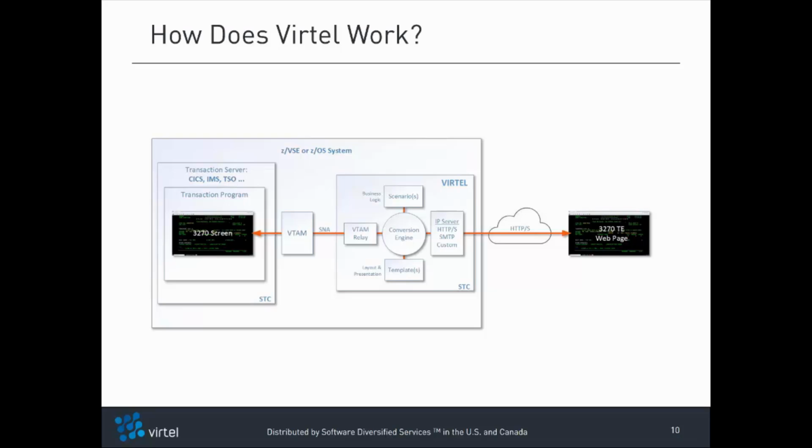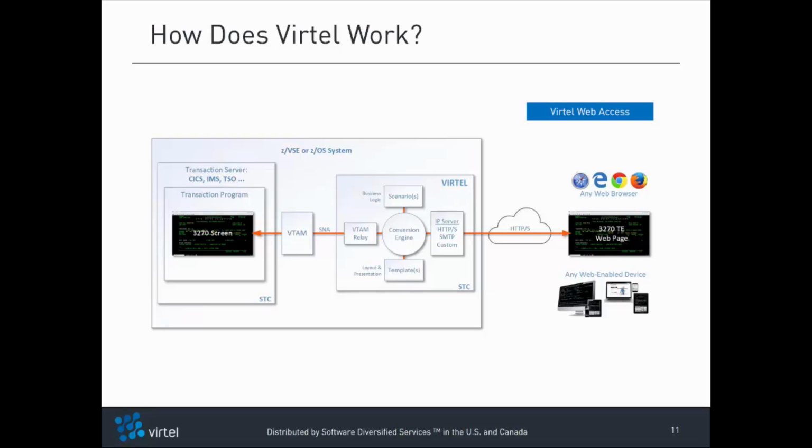Those components guide the conversion of 3270 screens into standard HTML5 JavaScript web pages, which, despite being web pages, look and behave exactly as 3270 screens. Those web pages can be rendered by any web browser running on any web-enabled device. And this is the base configuration of Virtel, which is referred to as Virtel Web Access.